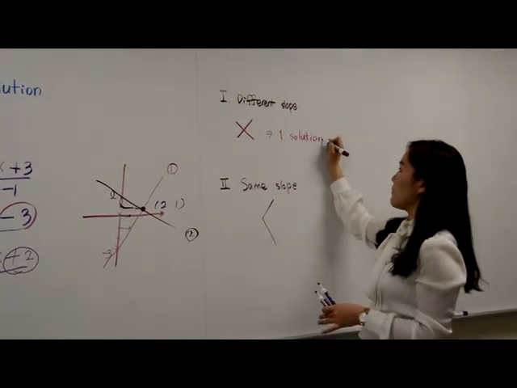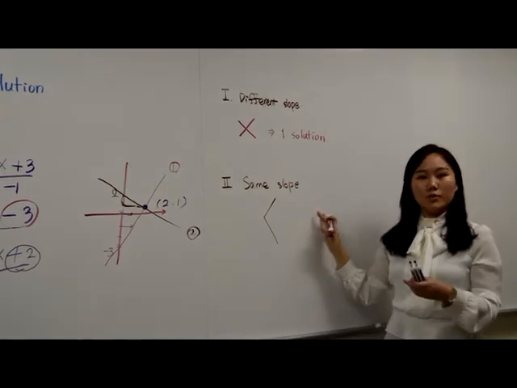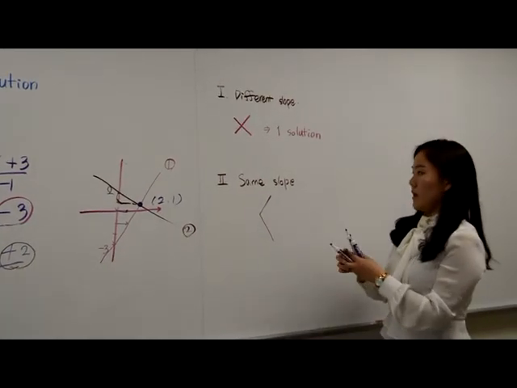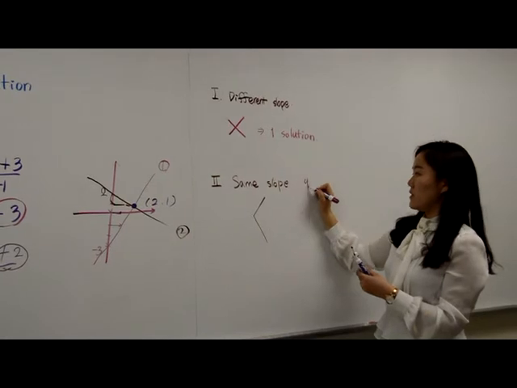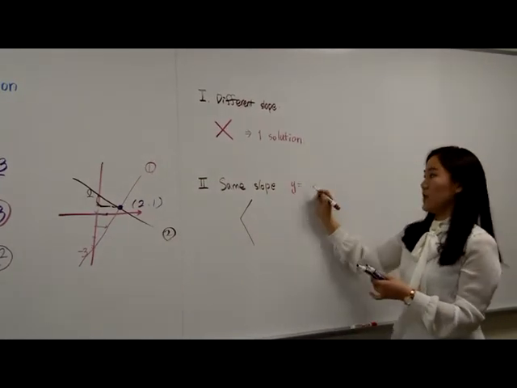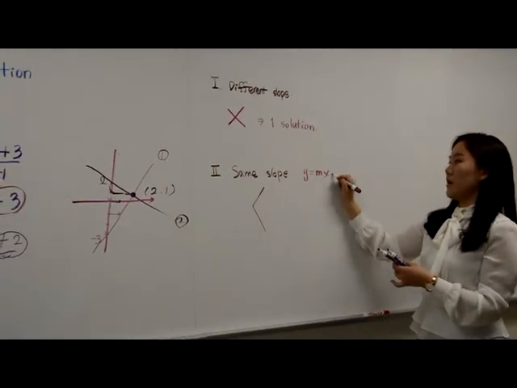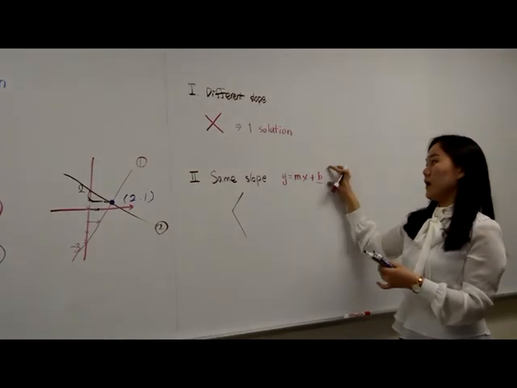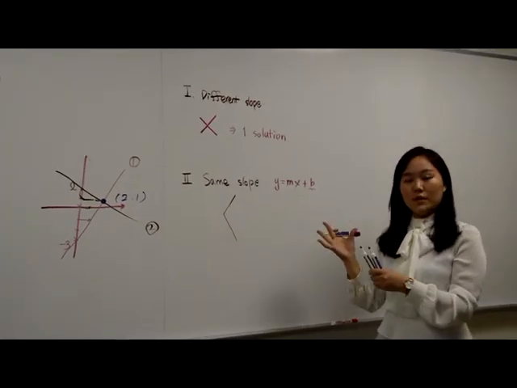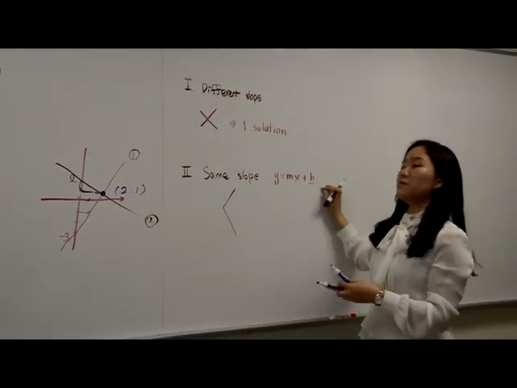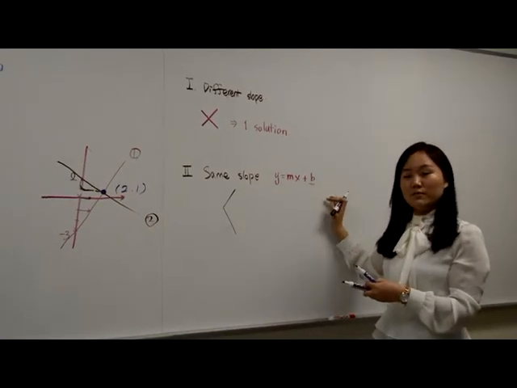What about same slope? If they have same slope, it means they start from y equals mx, and b could be same or different, right? What is b? B is y-intercept.